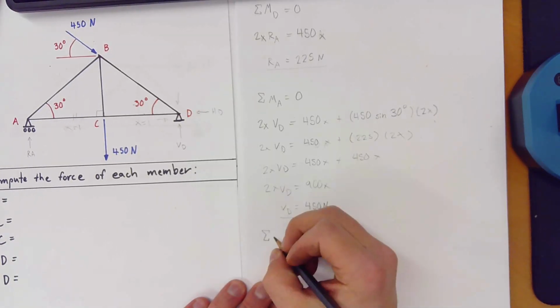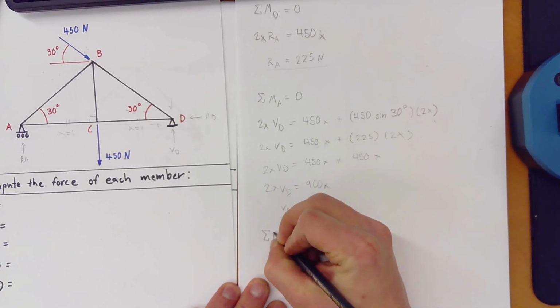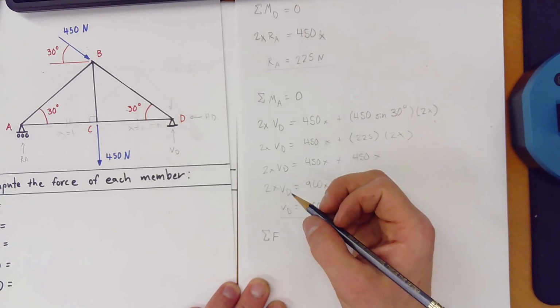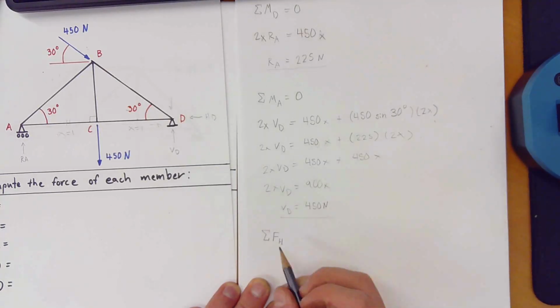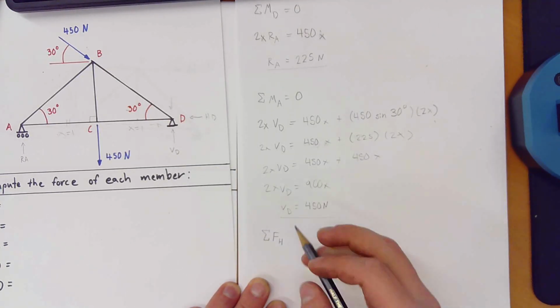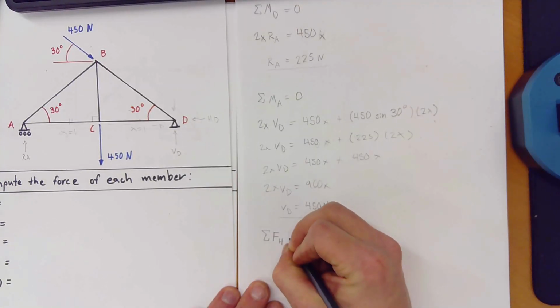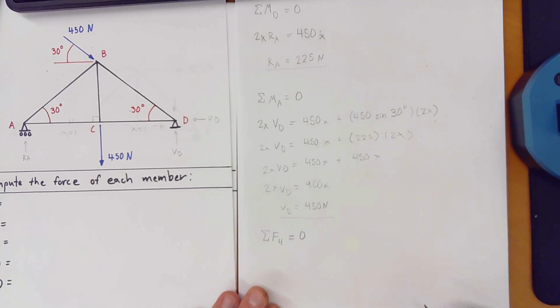Again, the sum of the forces in the horizontal direction, the sum of FH, all together needs to equal 0.